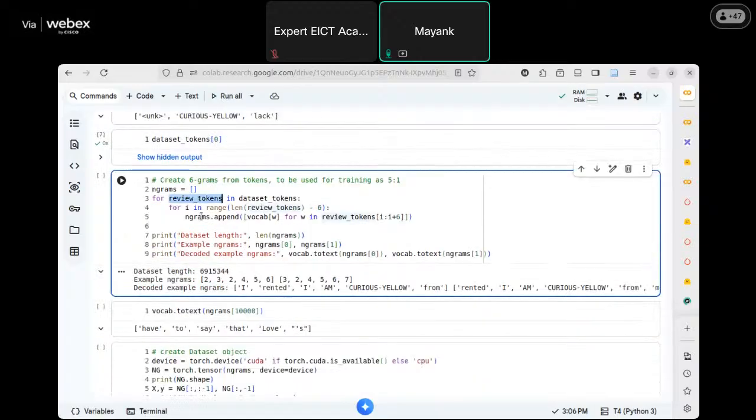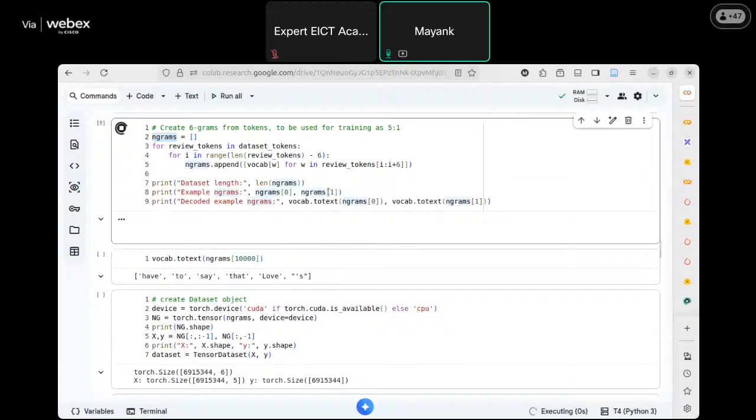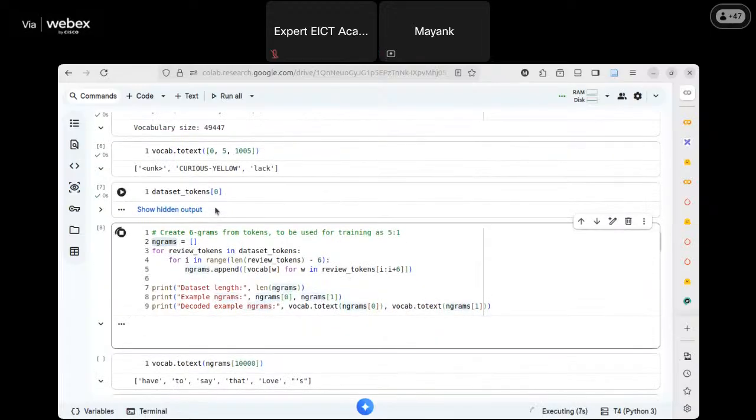So this review tokens variable holds the tokens of one particular review at a time, and we are iterating over the entire data set. One review at a time, and then we iterate on each token from the review and extract all the 6-grams from it. So our n-grams array will contain, see, I printed here, n-grams of 0 and n-grams of 1, these are the first 2 n-grams.